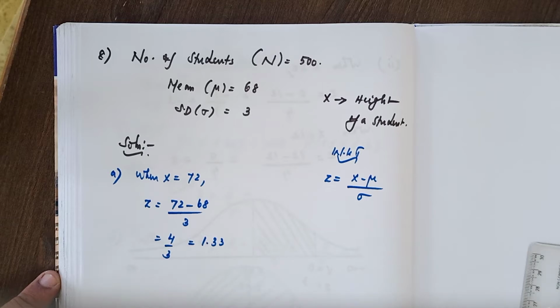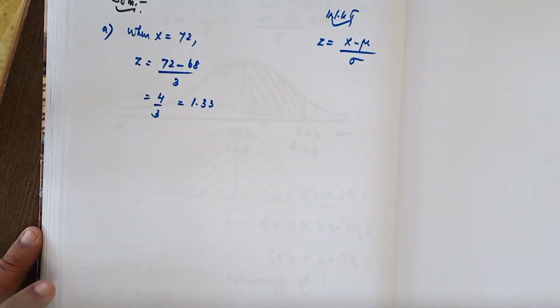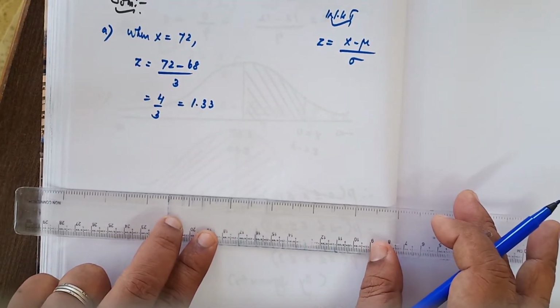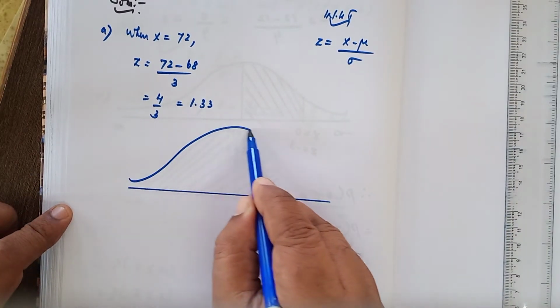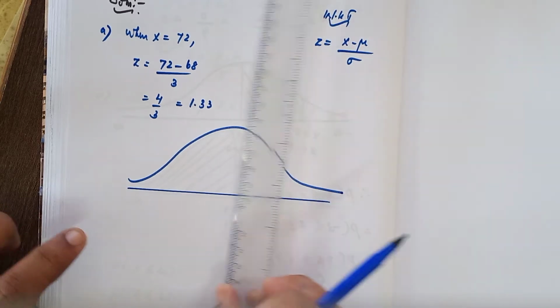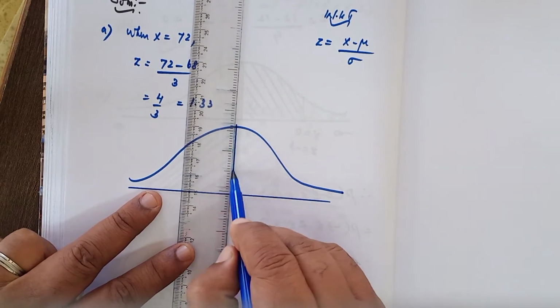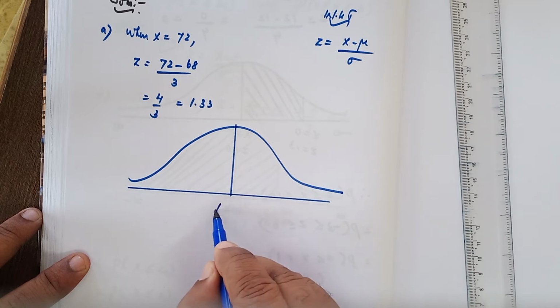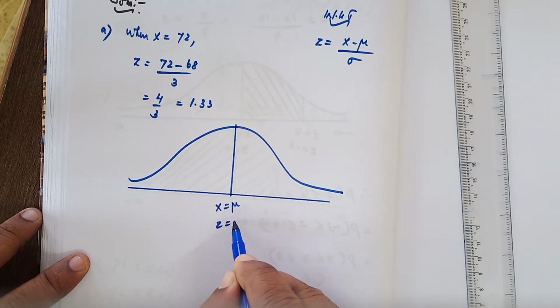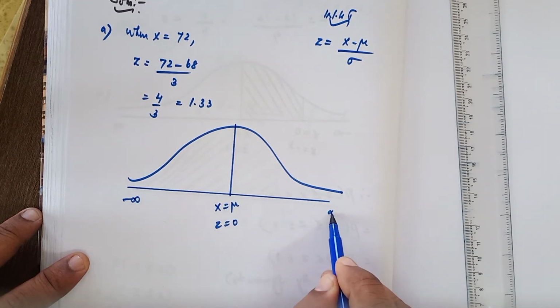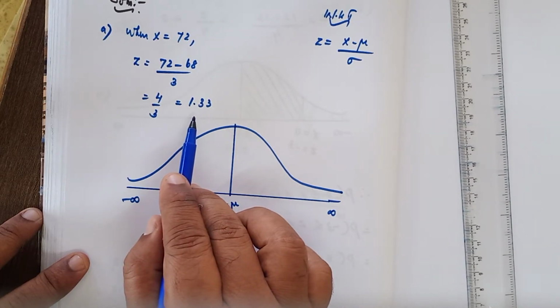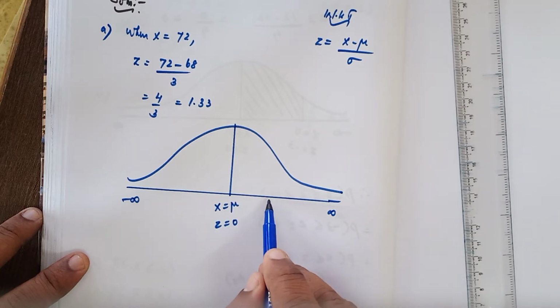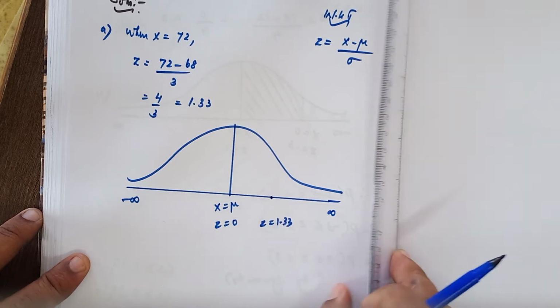Now draw the normal curve. Center line, x is equal to mu and z equal to 0, here minus infinity, here plus infinity. We have z equal to 1.33, that is a positive value, so I take it over here. z is equal to 1.33.